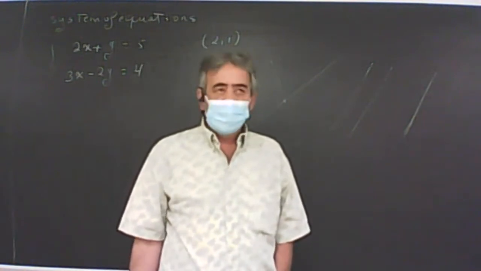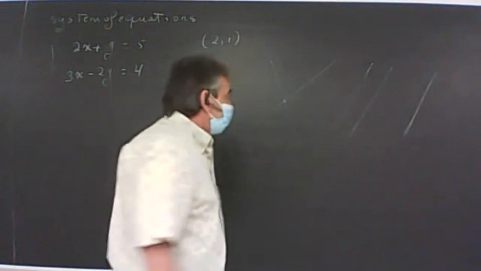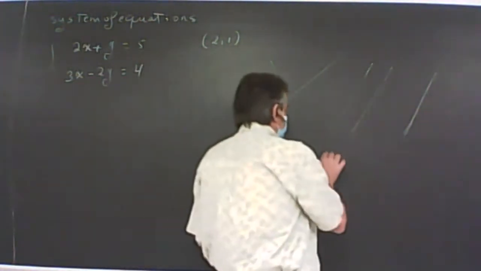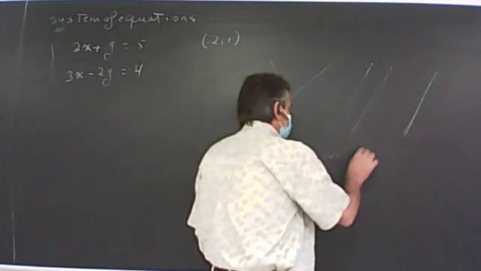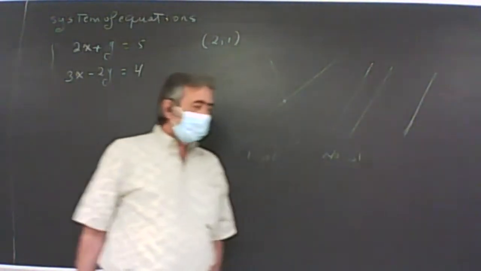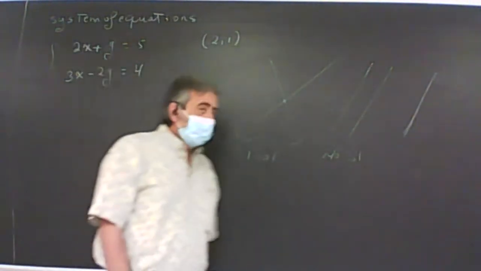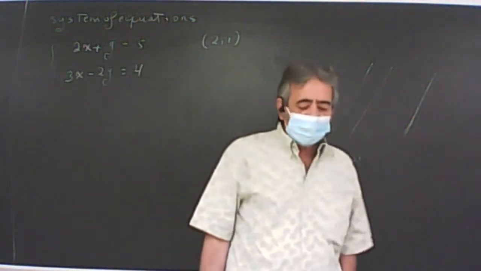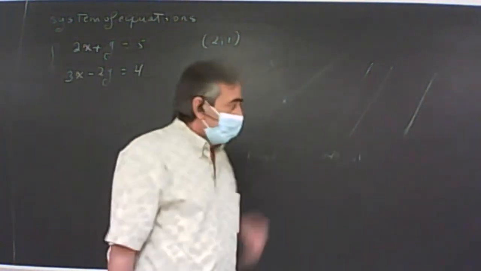Therefore, we have no solution. So in this scenario, we have one solution. In this scenario, we have no solution. And when we have no solution, we call the system inconsistent.